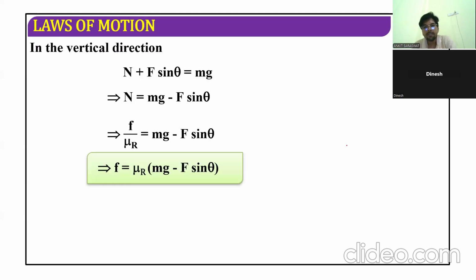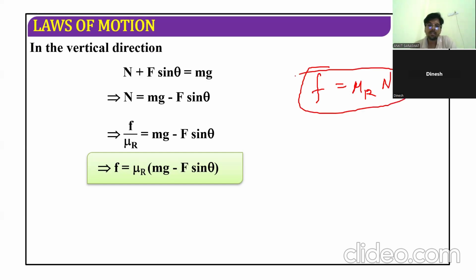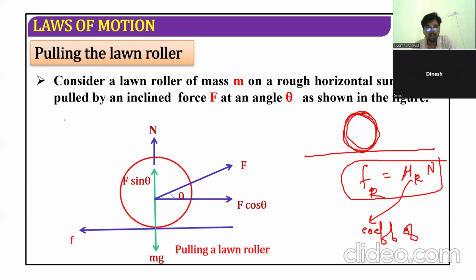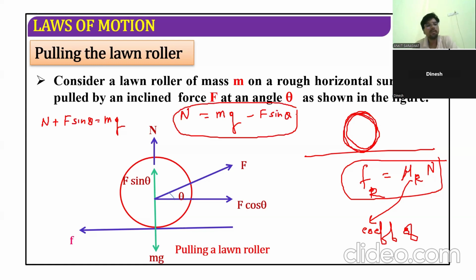Mu r is the coefficient of rolling friction. That is why f is mu r times N. So f will be what? Mu r times N. Very easy. If you wish, you can write here N plus F sin theta equal to mg, then N will be mg minus F sin theta. Clear?